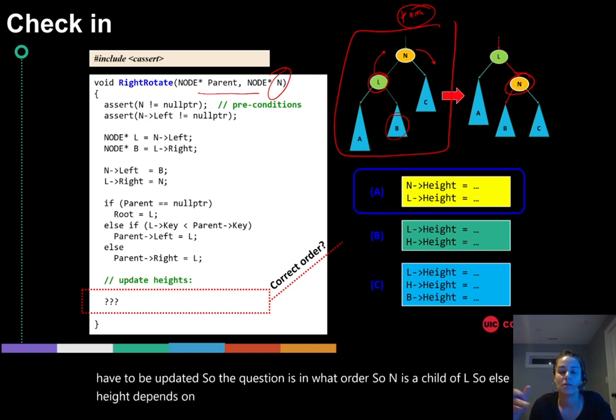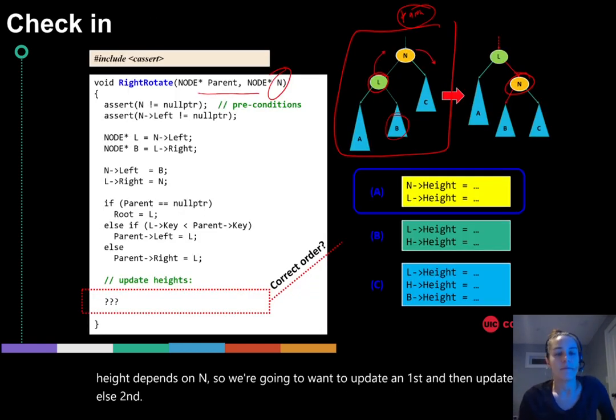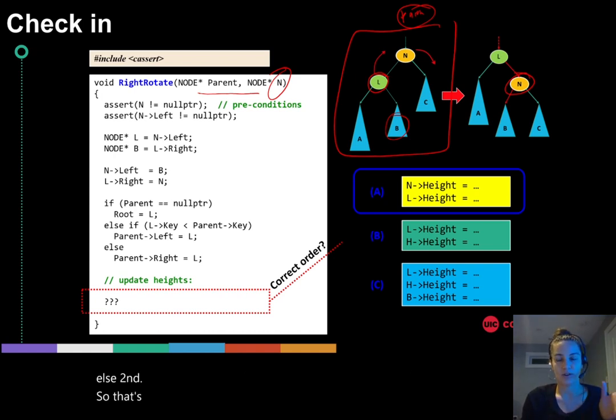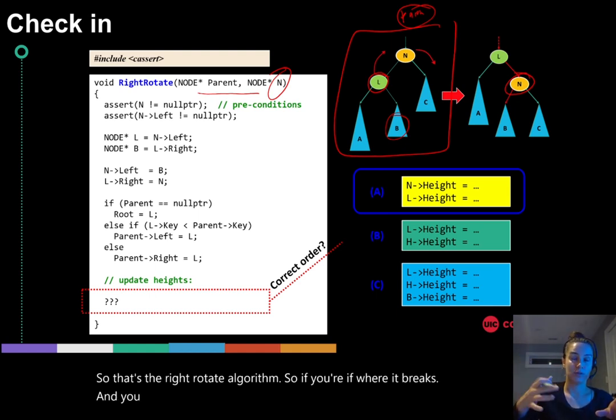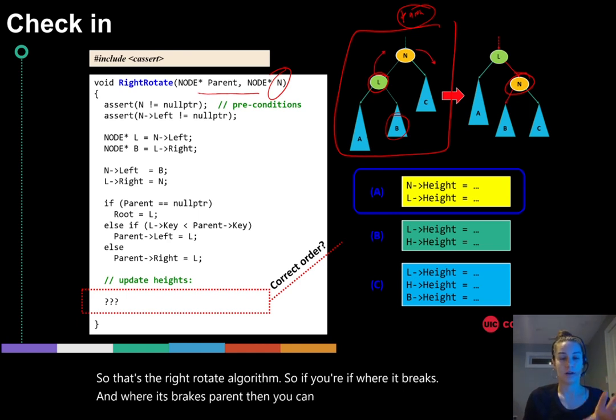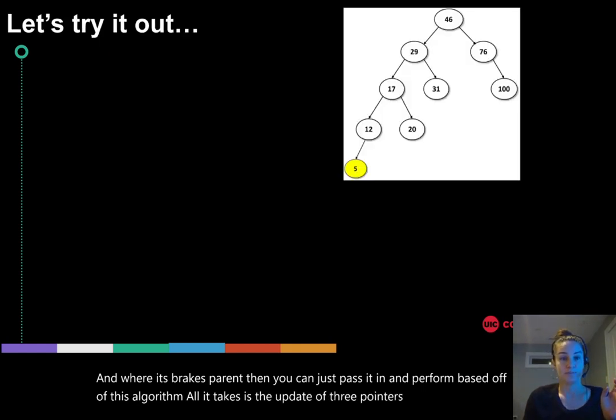So we're going to want to update n first, and then update L's second. So that's the right rotate algorithm. If you know where it breaks, and you know its broken node's parent, then you can just pass it in and perform based off of this algorithm. All it takes is the update of 3 pointers and changing the 2 heights.